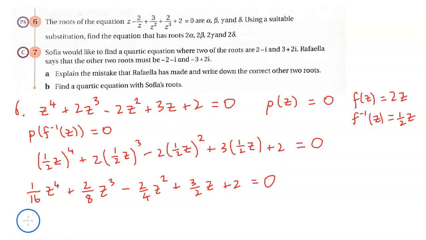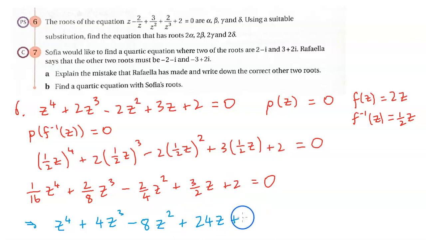And then as the last step, just times everything by 16 to get integers. So z to the power of 4 plus 2 times 16 divided by 8, so 2 times 2, so that's 4, so 4z cubed, and then 16 divided by 4 is 4, so minus 2 times 4, so minus 8z squared, and then plus 3 times 8, so 24z, and then plus 2 times 16 is 32, and then that should equal 0.